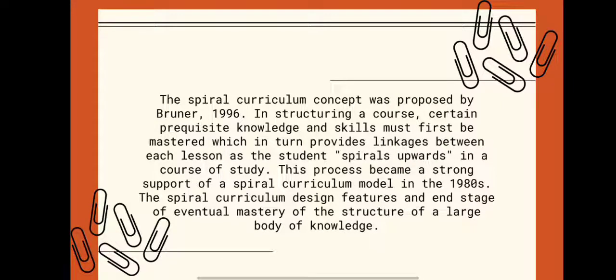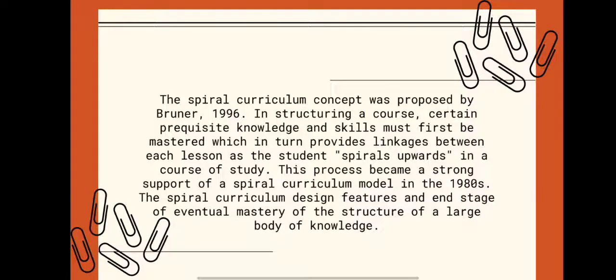The spiral curriculum concept was proposed by Bruner in the year 1996. In structuring a course, certain prerequisite knowledge and skills must first be mastered, which in turn provides linkages between each lesson as the student spirals upwards in a course of study.